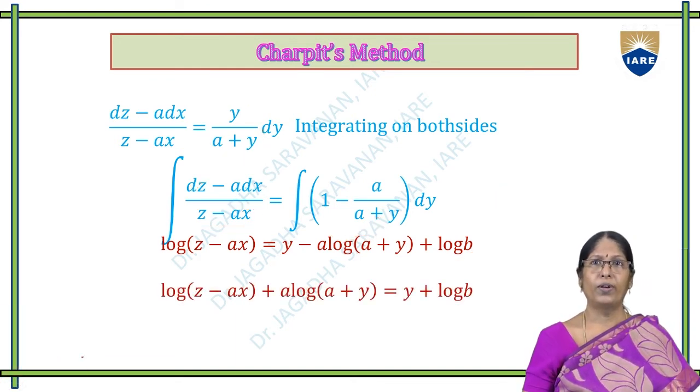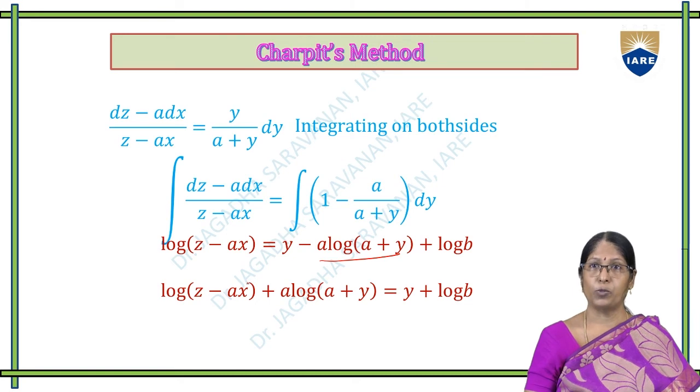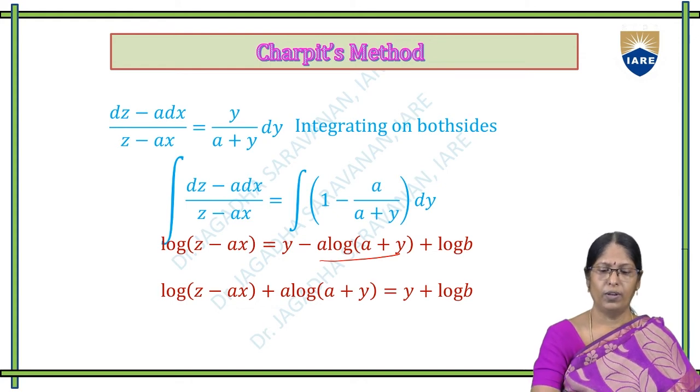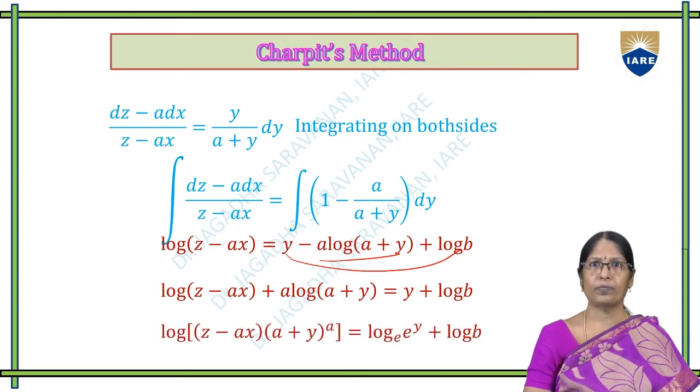So log of (z minus ax), this we brought to the left side. It has become positive, plus a log of (a plus y) equal to, this as it is on the right side only, there is no change at all, y plus log b.